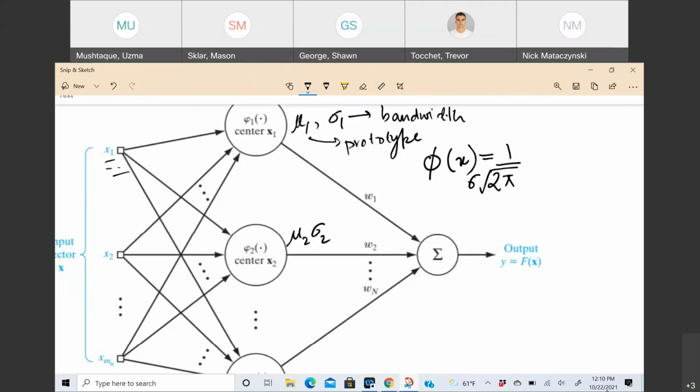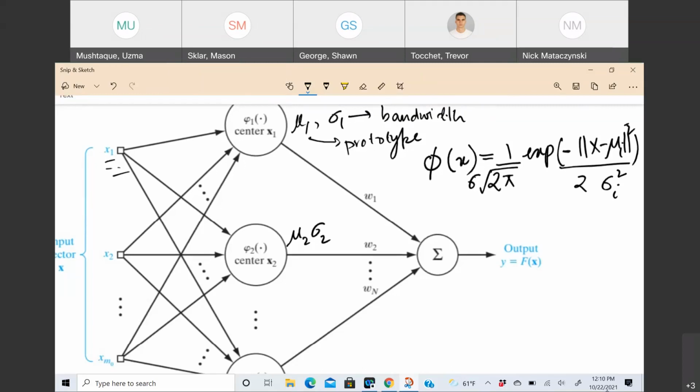And sigma is my bandwidth, exponential minus, and X minus mu squared. This is a square up there, and i is like these nodes here, right?